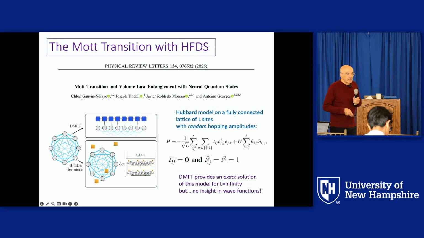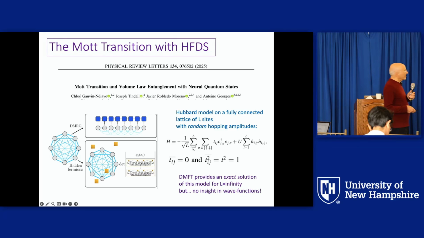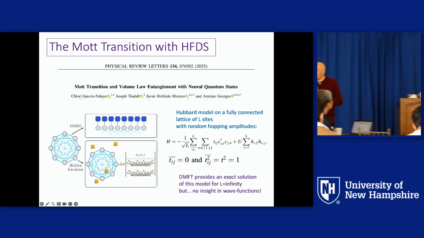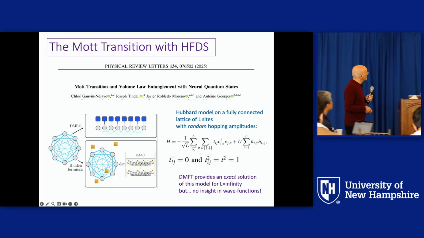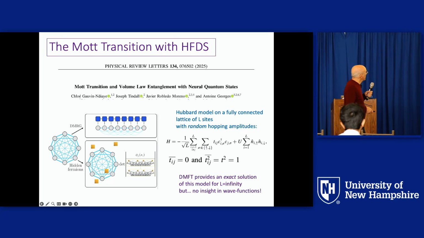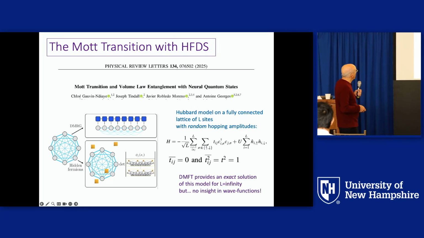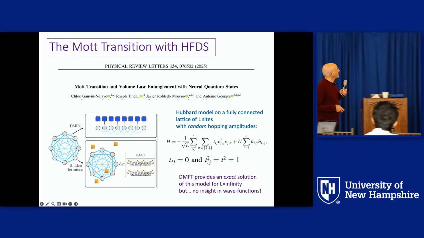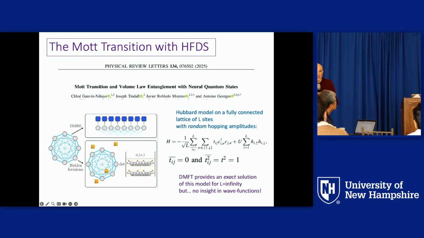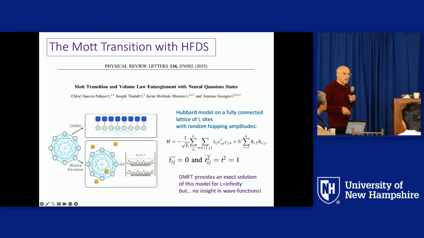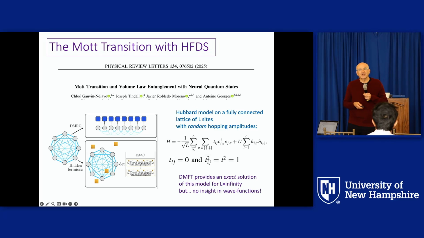Okay, I was going to tell you a few things about a previous project we did, but this is just going to be advertising because I'm running out of time, with Chloe Govindiai when she did an internship at CCQ, and Joy and Javier. We actually looked at a fun model, which is a fully connected Hubbard model with random hopping amplitude.